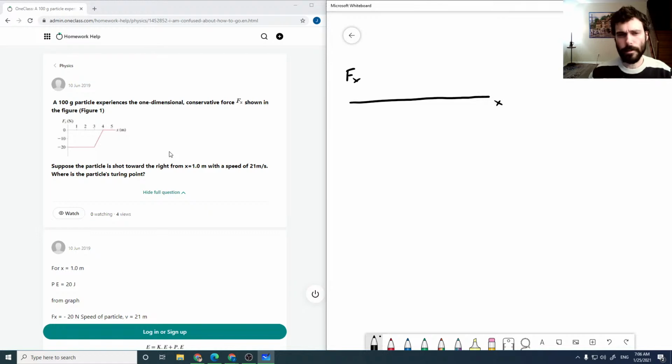So here's our x, minus 10, minus 20, and it keeps going up until about 3 meters. So here's our 1 and our 2, at which point it, a rather straight line, goes to 4, and then continues 0. Okay.